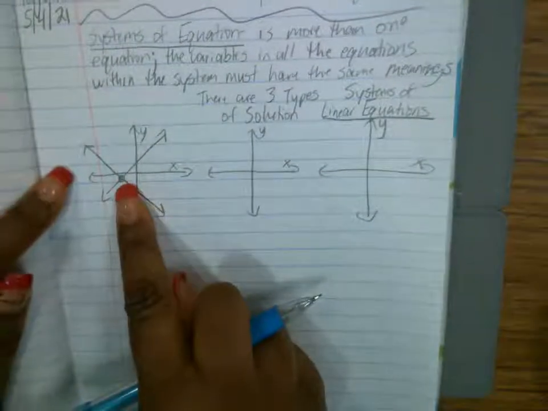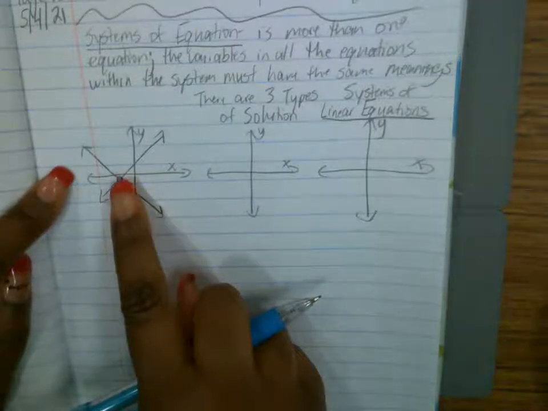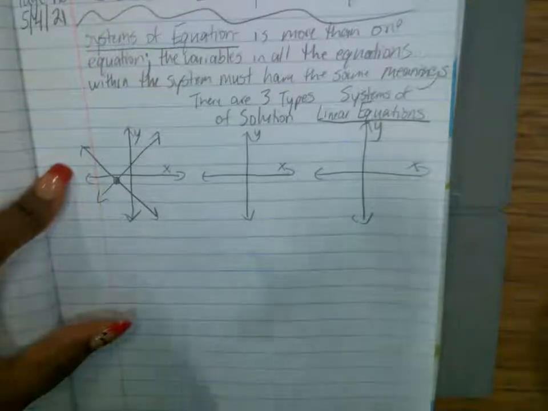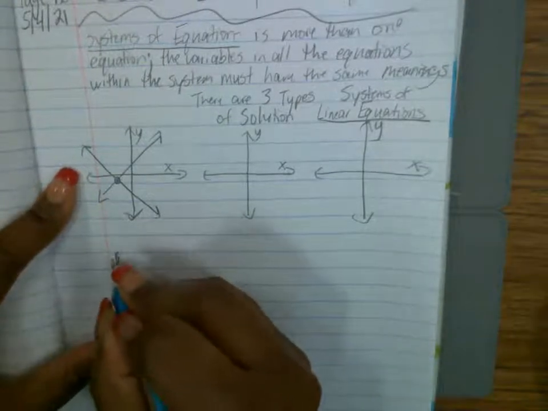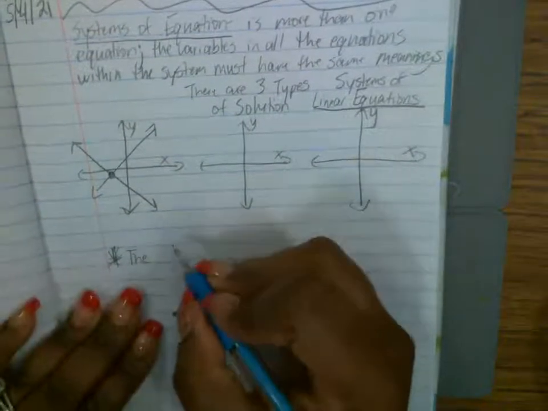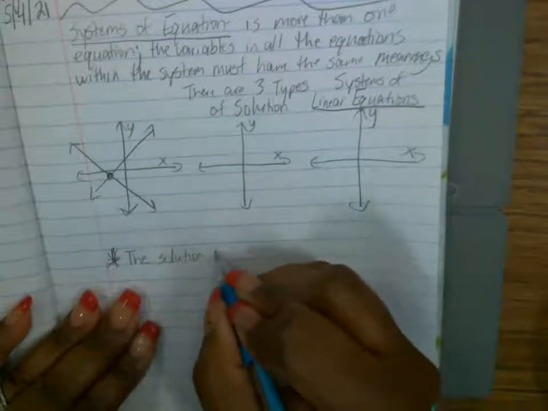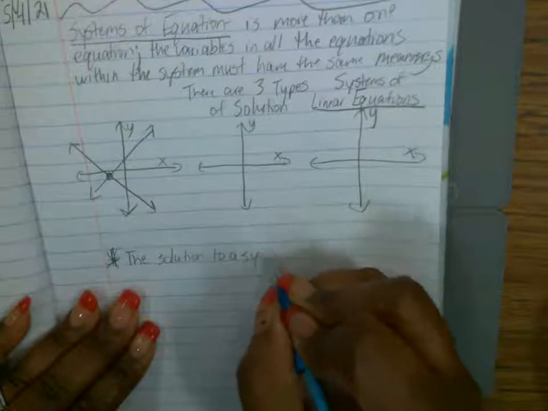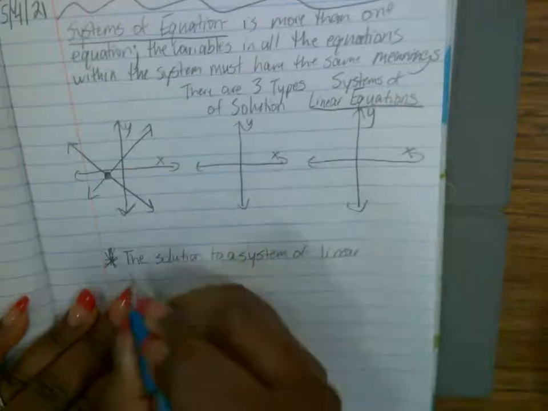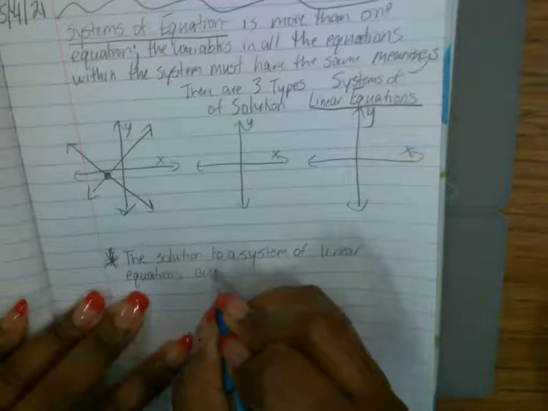The point in which they share is going to be the solution. So a solution to a system is going to be the points that the equations share. Super important: the solution to a system of linear equations are the points that they share.